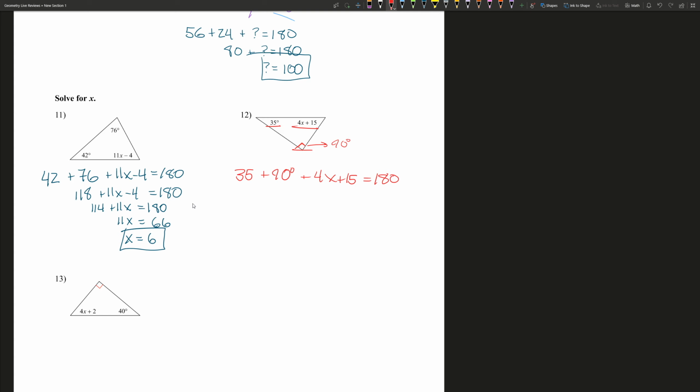All right, so then we can combine like terms. So 125 plus 4x plus 15 is equal to 180. So 4x plus 140 is equal to 180. Subtract 140 from both sides, we get 4x is equal to 40. So x would equal 10.